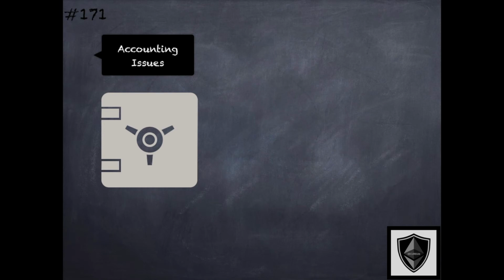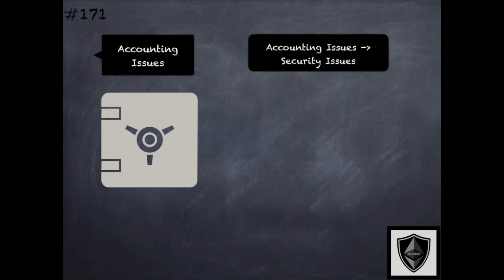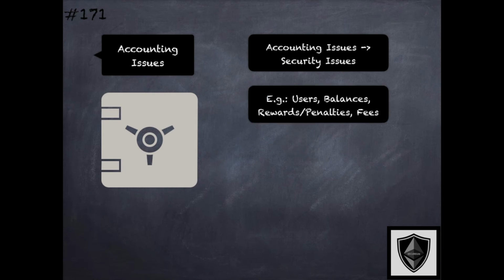Another specific type of numerical processing is that related to accounting. Incorrect or insufficient tracking or accounting of business logic related aspects such as states, phases, permissions, roles, deposits, withdrawals of funds, mints, burns, transfers of tokens, or rewards, penalties, and fees within DeFi applications, all these may lead to serious security issues, and we have seen numerous vulnerabilities specifically related to this aspect.